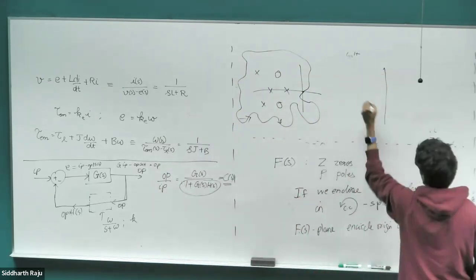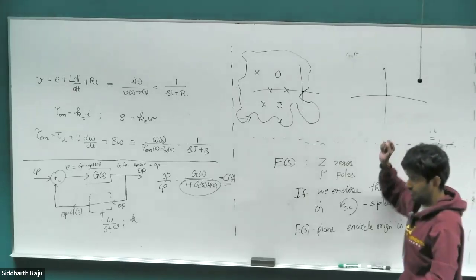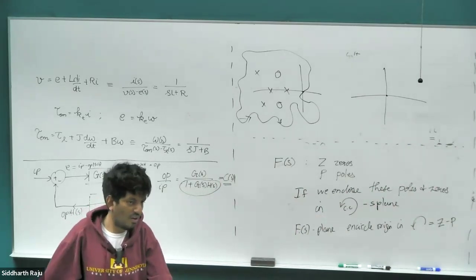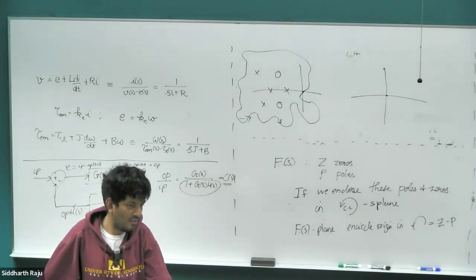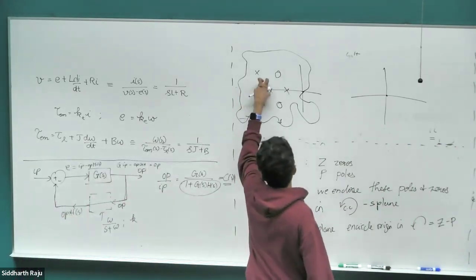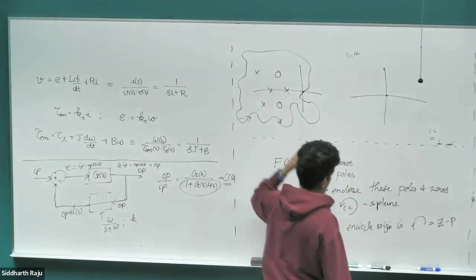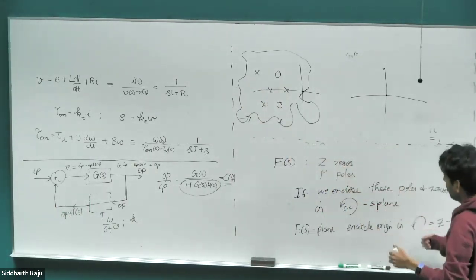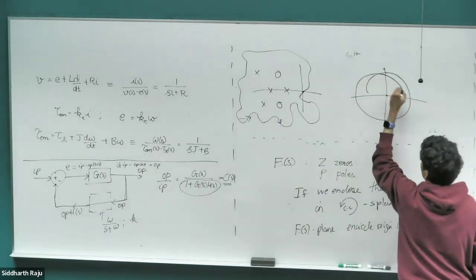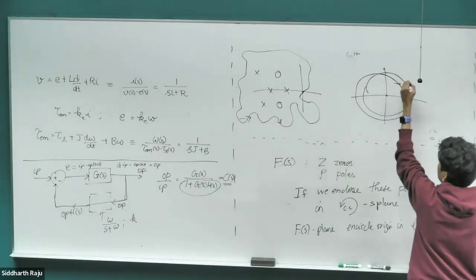In the f of S-plane, can anybody quickly tell me for the case that I've drawn, how many times will I encircle the origin and what direction I'll encircle the origin in? 2 times clockwise. Okay, so we have 1, 2, 3, 4 number of poles, right? And then 2 number of zeros. So the difference is -2, -2 in the counterclockwise direction. So it will end up being clockwise direction in the f of S-plane.